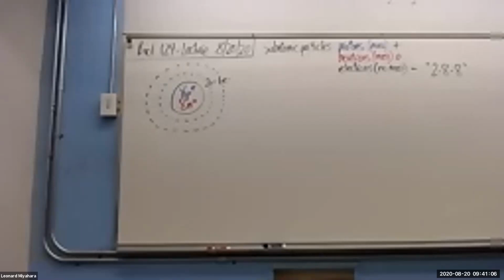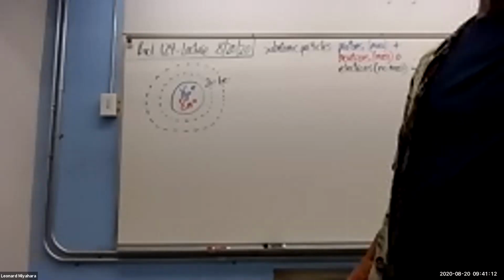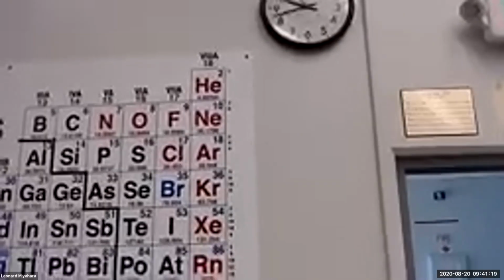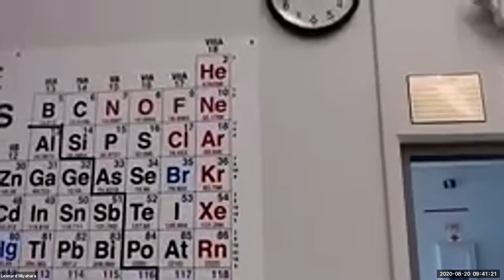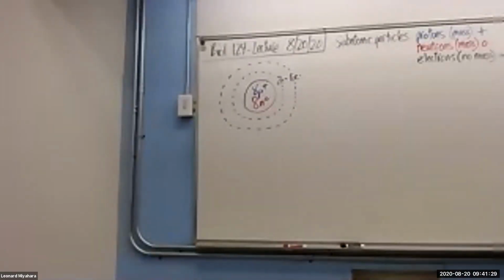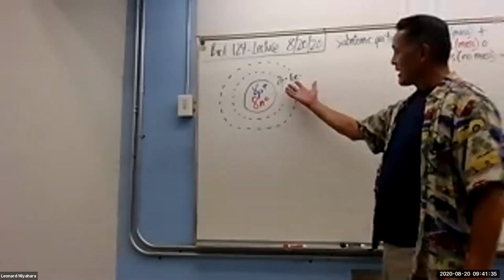So what I have on the whiteboard there is oxygen. If you don't trust me that that's oxygen, here it is right there. 8 protons, and if you round that red number out to 16, there's got to be 8 neutrons. 8 plus 8. That is oxygen. Everybody see that? Then to be electrically neutral, there's got to be 8 electrons.